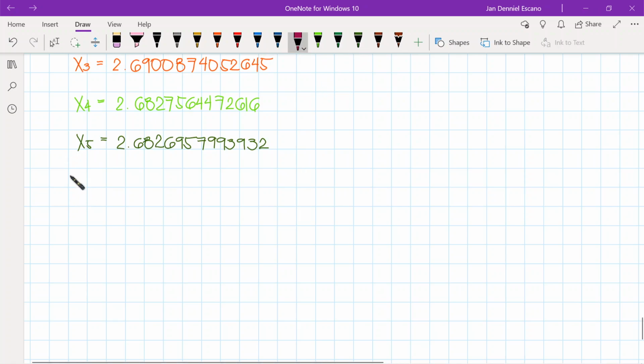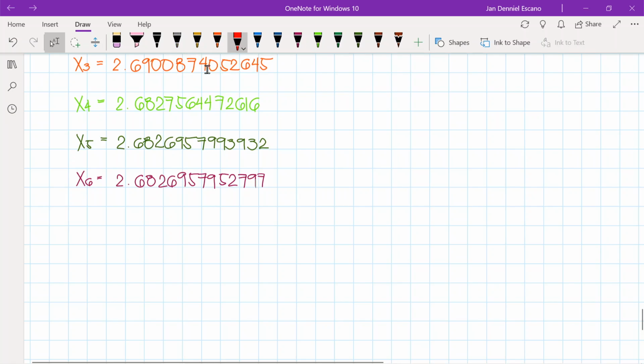And I guess we can still try for one last iteration because we can see that we are nearing the roots of the equation. The answer for x sub 6 is 2.6826957952797.